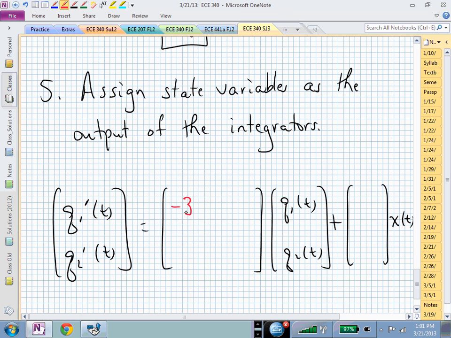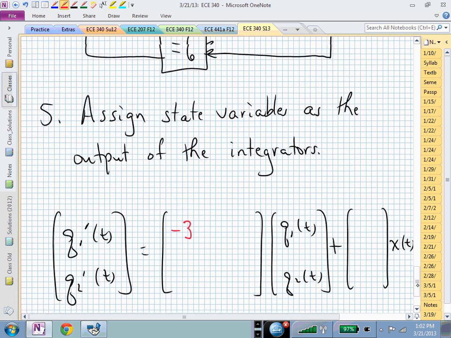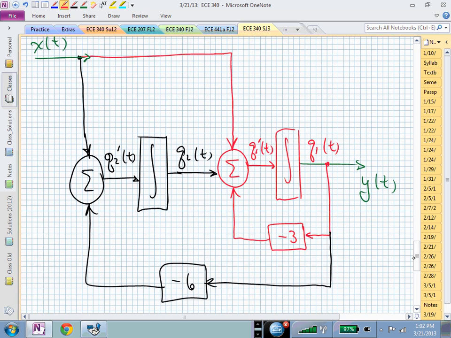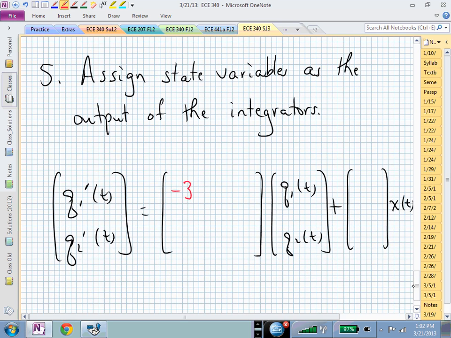Because it needs to now scale Q sub 1, and that's going to create part of Q1 prime. Now what do we do? Well, we're just going clockwise around this summing junction, and we come to the next one, and that's just Q sub 2. Where does that belong then in this expression?